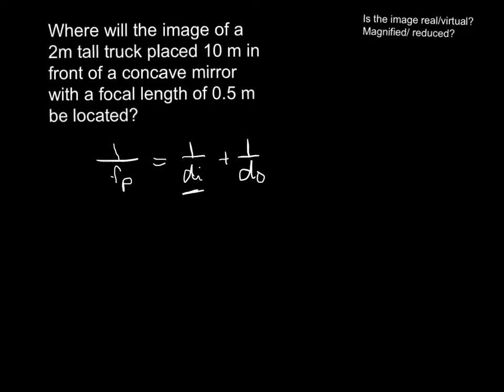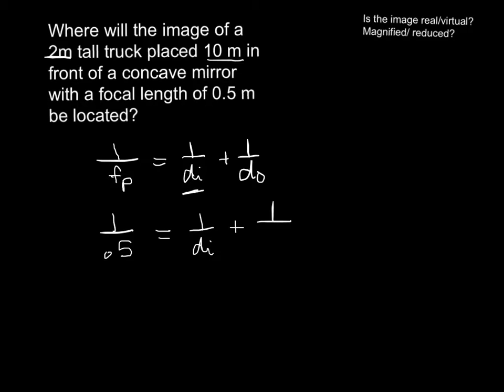We're looking for di. So 1 over 0.5 is equal to 1 over di, which we're going to leave, plus, okay, so which one? 2 meters or 10 meters is our do.